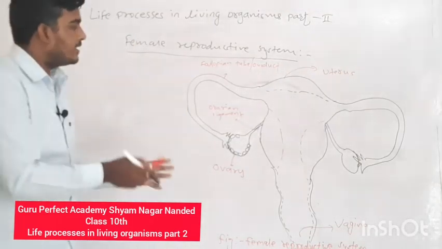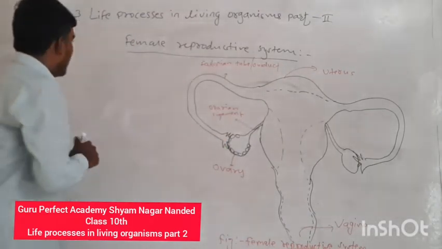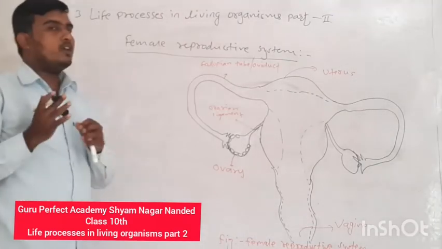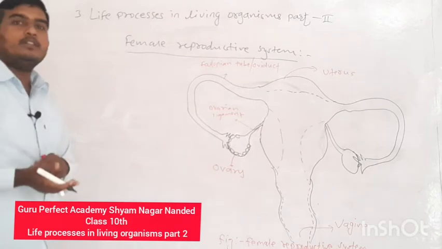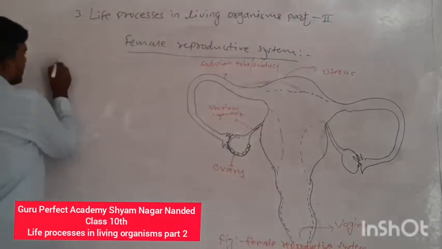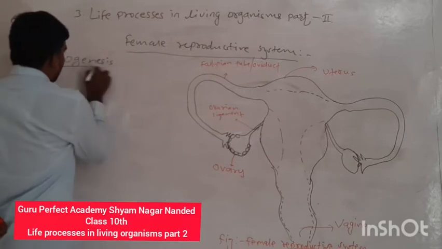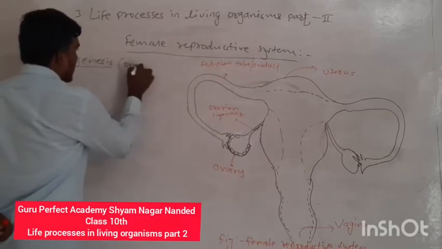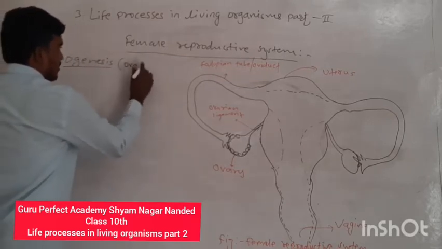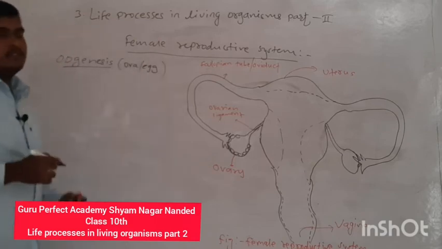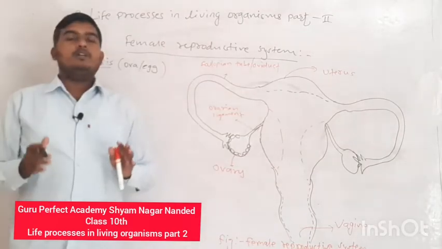In the case of sperm formation, that process is called spermatogenesis. Here we call it oogenesis. Oogenesis means formation of ova or egg, that is haploid and participates in fertilization.